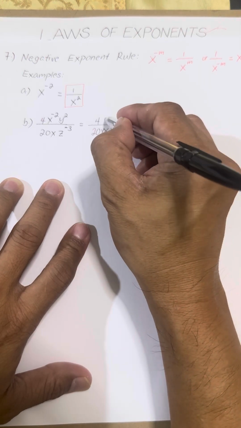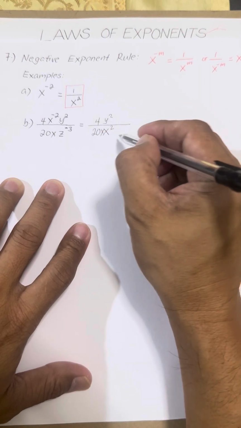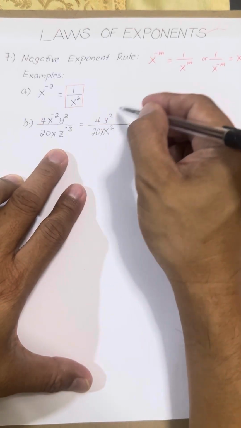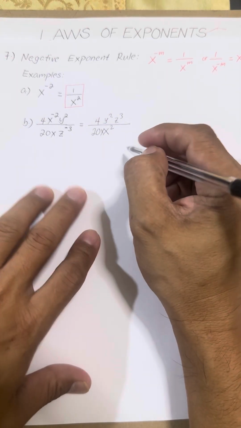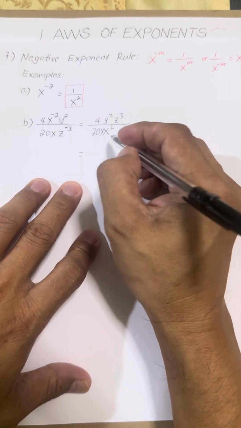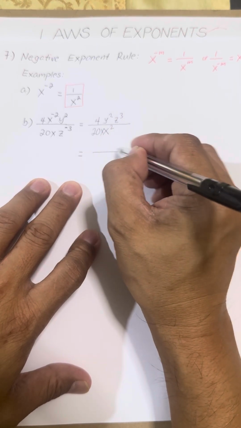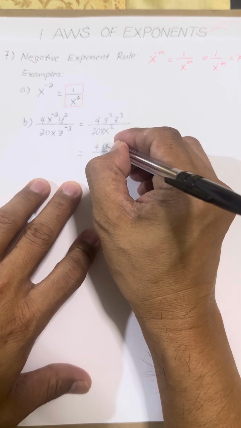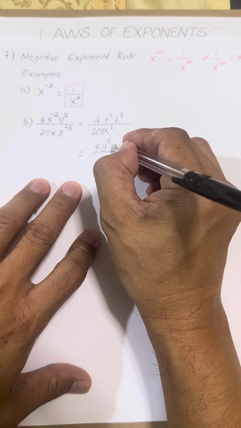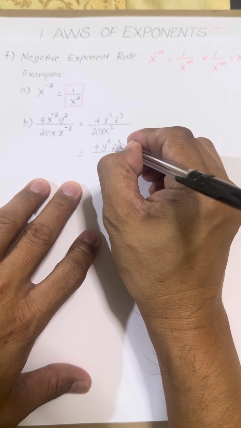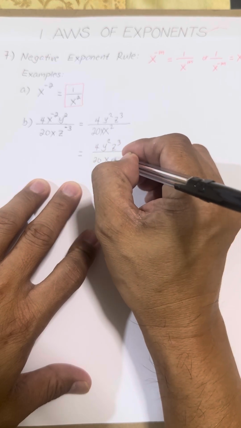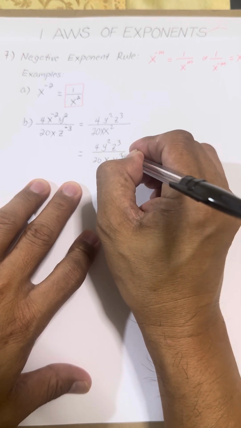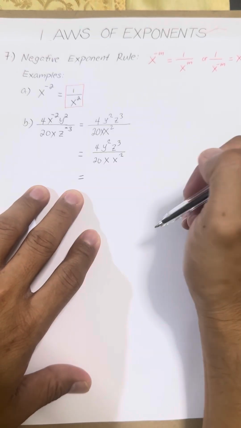Then just copy the y squared, and z is negative, so you bring that up and it becomes positive. Or writing it properly, we have 4 times y squared times z cubed divided by 20, then we have x, then times x squared.